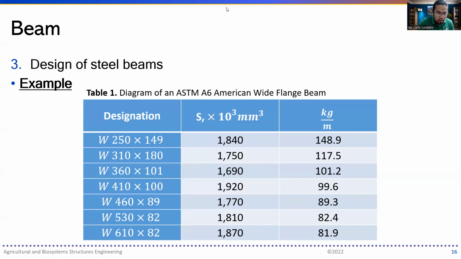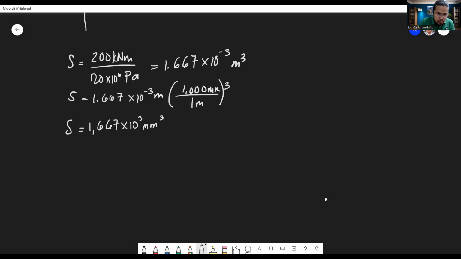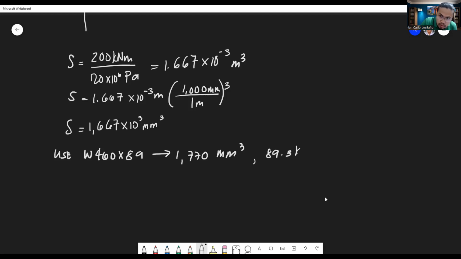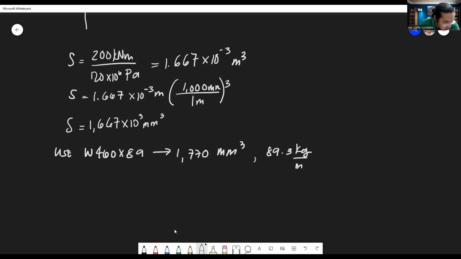Okay, let's proceed. We choose the W460 times 89, which has an S, the section modulus, of 1770 millimeter cubed, and 89.3 kilogram per meter dead load.